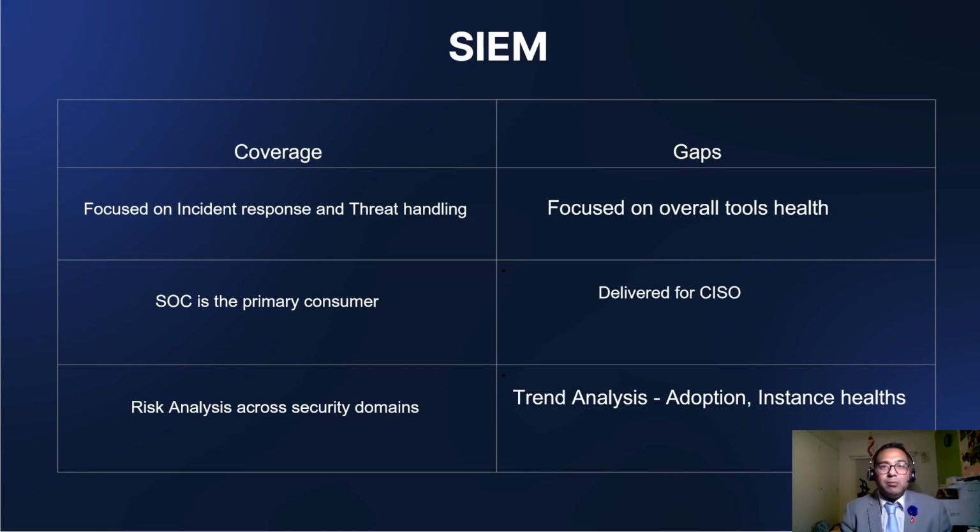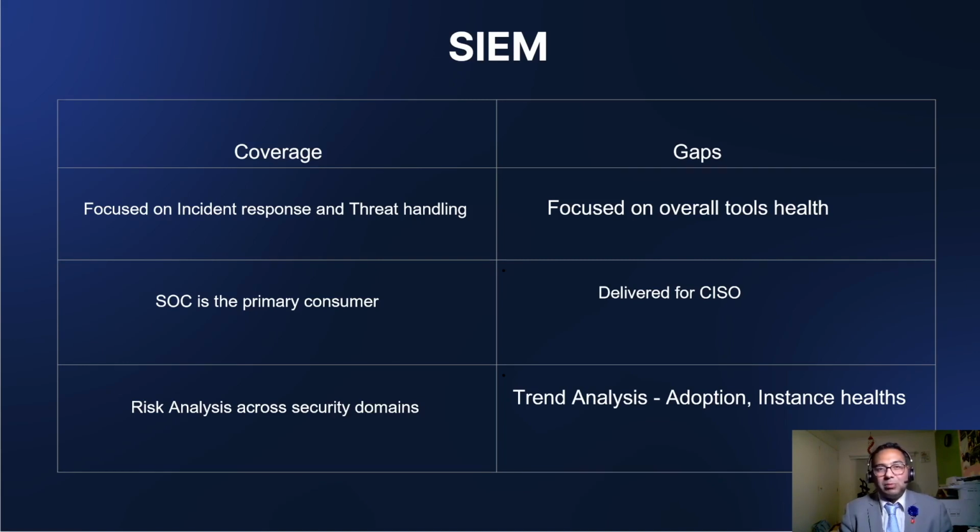Does your SIEM tell you that all those feeds are healthy? Yes, you can configure it, but is it configured for you? Well, I'm pretty sure the answer would surely be no. So that's why we talk about a concept called security operation and governance.